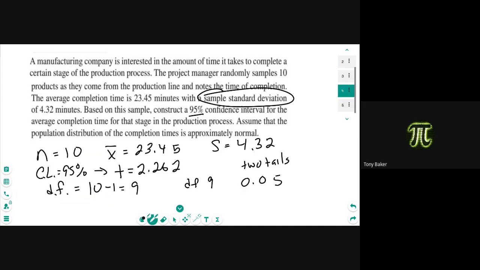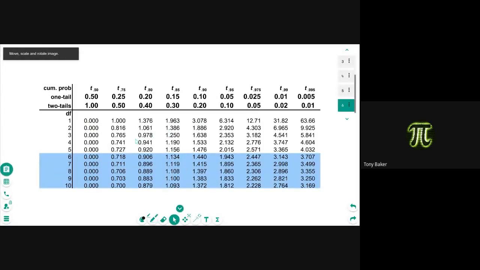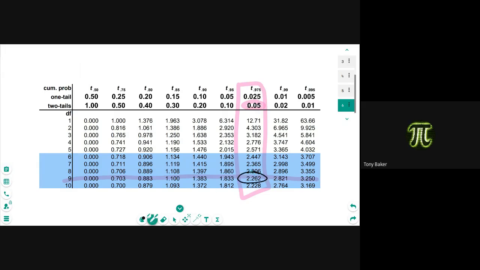Hold on, I can do this and put it on the screen so I can actually copy and color it. So we're looking in this row, and then we're looking at that column, the number I want.